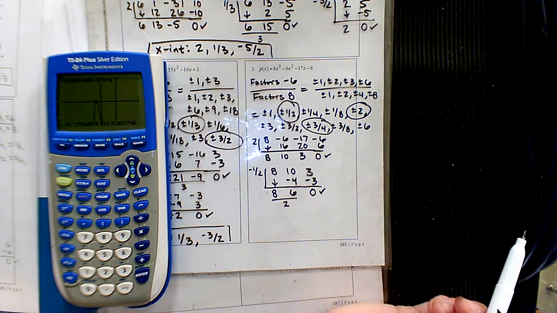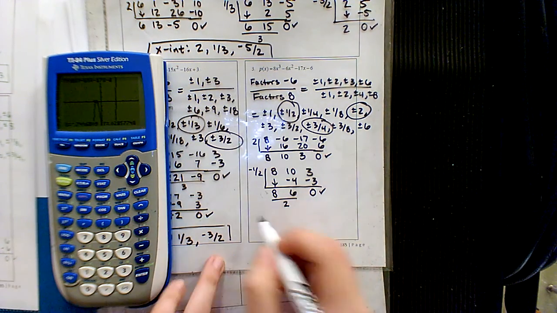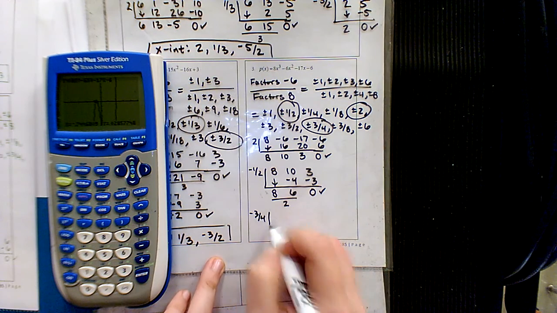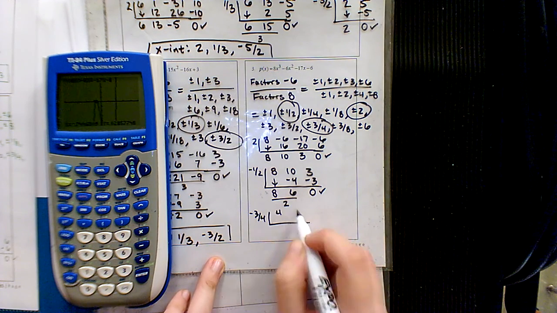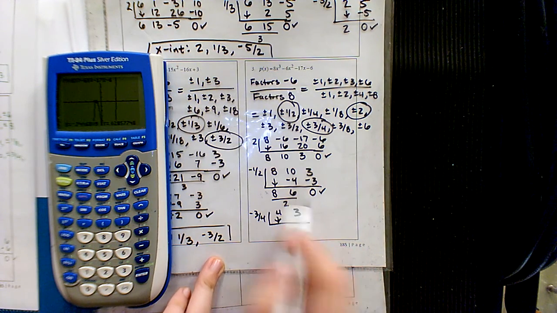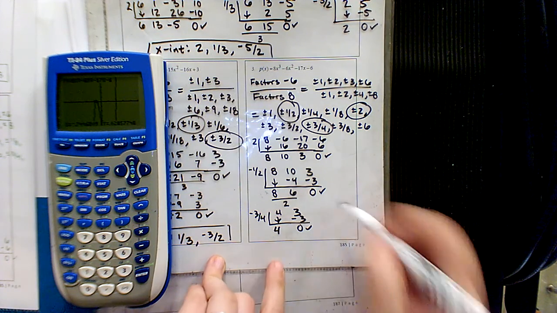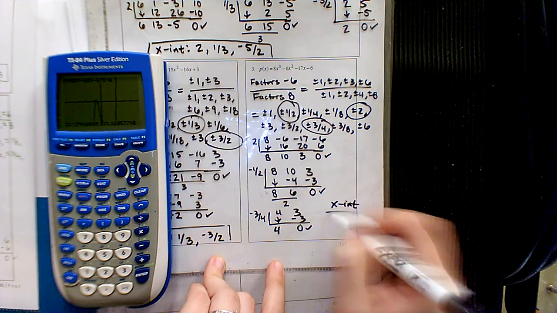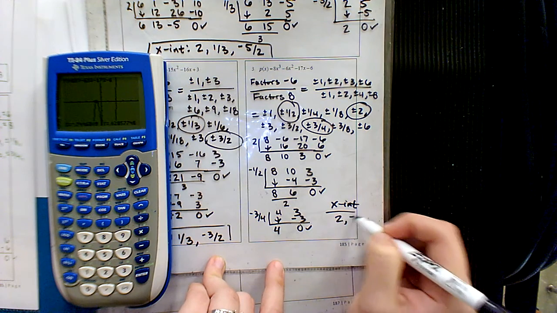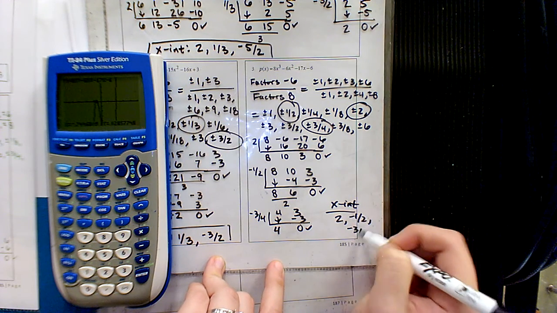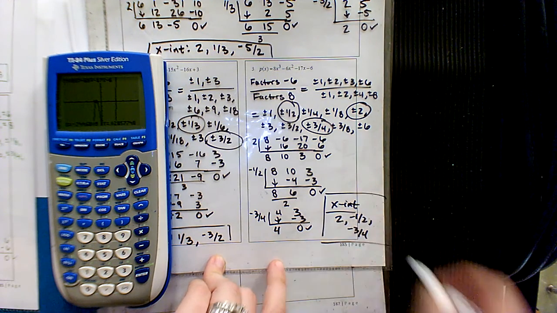What about 3/4? 0.75? Okay. So negative 3/4. We'll do 4 and 6 if we divide those by 2. Looks like remainder of 0. So x-intercepts, 2, negative 1/2, negative 3/4.